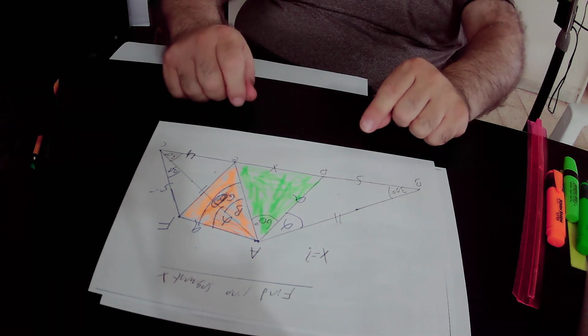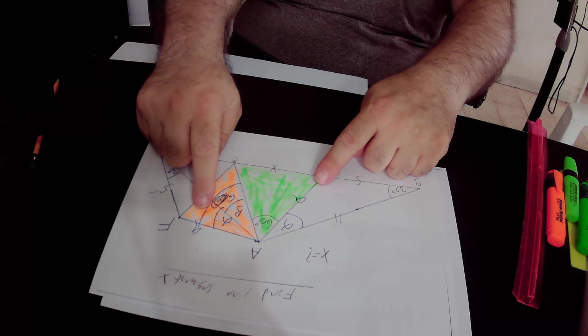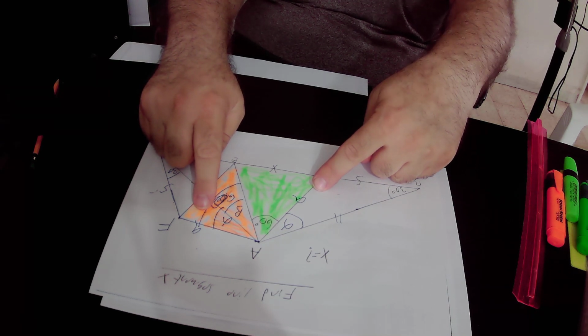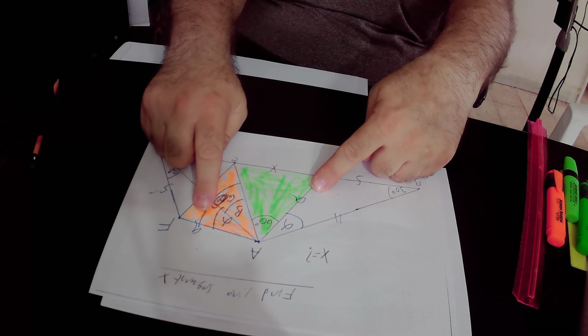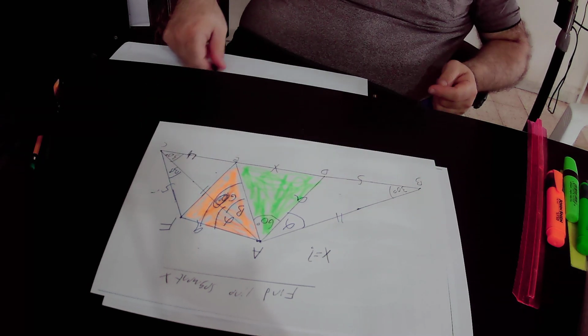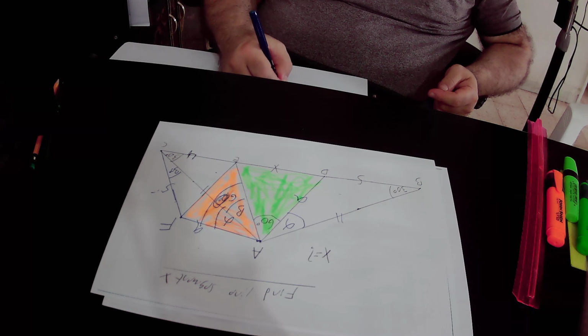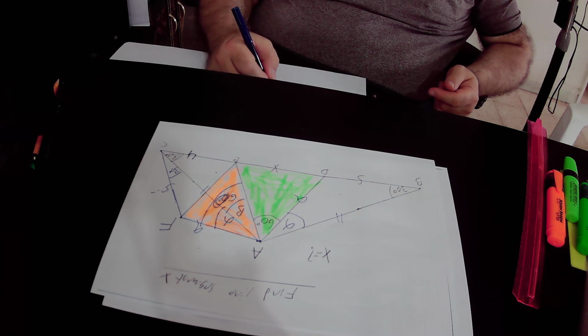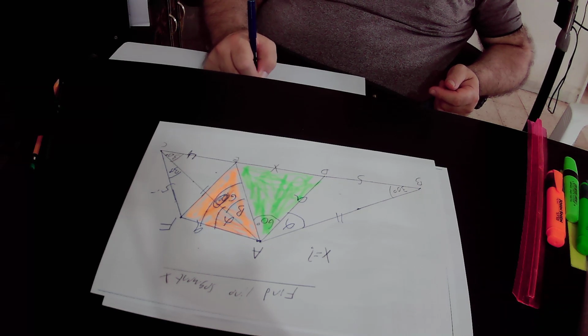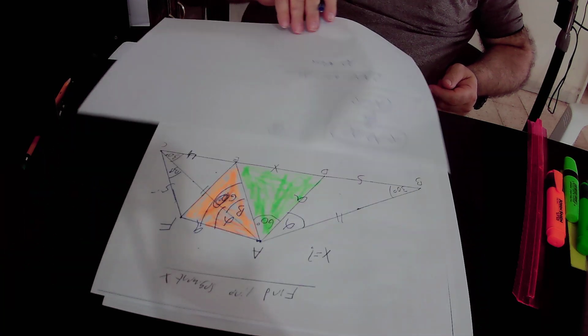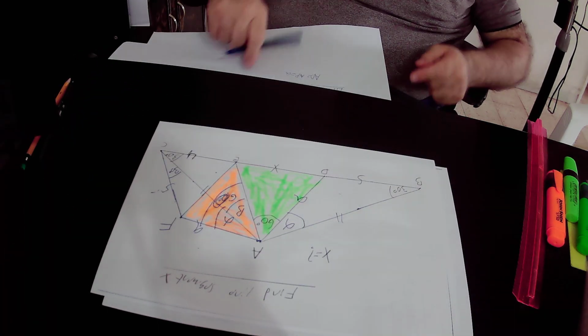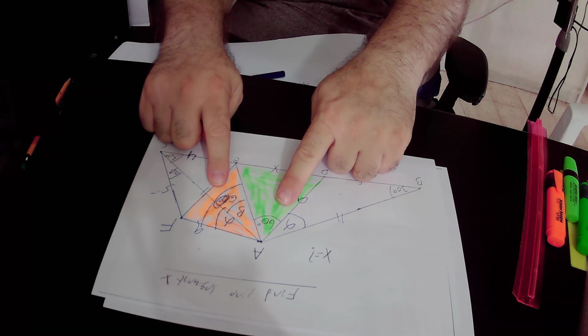First of all, we found out that those two sides are both equal to a, therefore they are equal to each other. So side AD equals side AF equals a. In addition, those two angles are both equal to 60 degrees, therefore they are equal to each other.